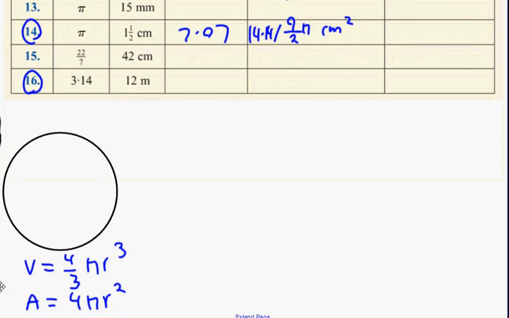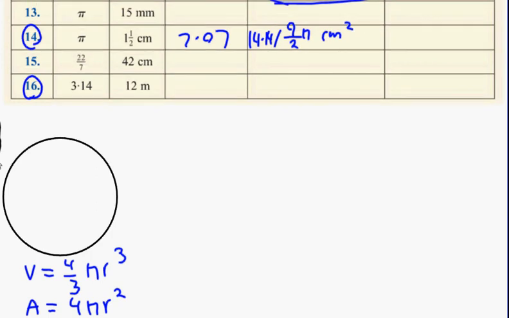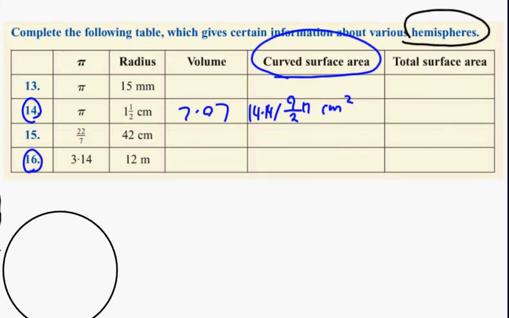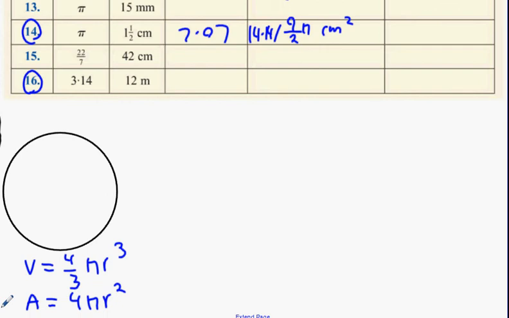Okay, we're going to start off looking for the curved surface area. Which one do you choose, V or A? If you're looking for area, A. Other problem with our question is we're looking for a hemisphere, not a sphere. So what does that mean we have to do to our formula that we're given? Half it. Half of 4 pi r squared. You can have the answer as well. 2 pi r squared or half 4 pi r squared. That's your preference.